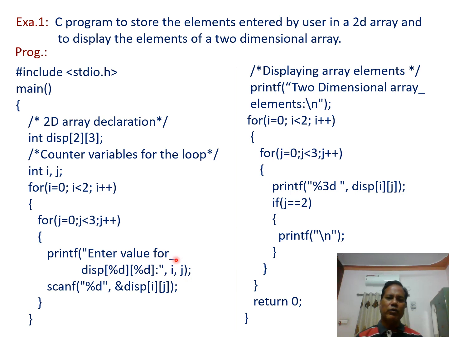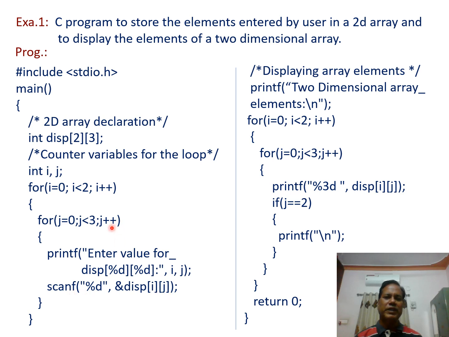So "enter value for 0 0", that is the first value. This message is displayed on the output screen, whereby the user enters the first value, and that is taken in by the scanf function and is stored as the first element of the array disk 0 0.